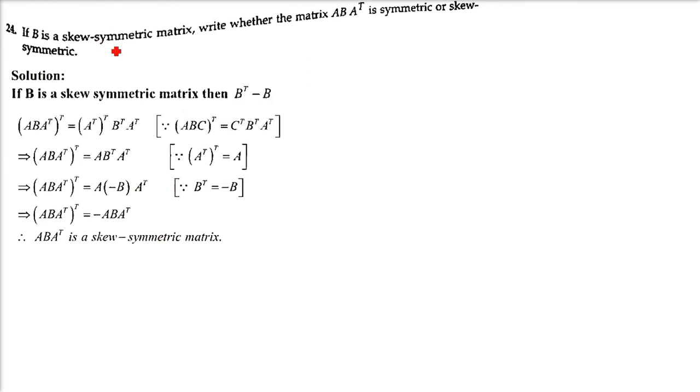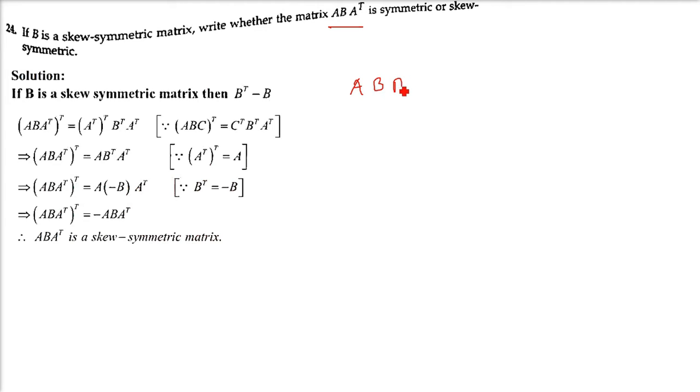If B is a skew symmetric matrix, write whether the matrix A B A transpose is symmetric or skew symmetric. So we have to take A B A transpose as a single matrix, and we have to prove whether this ABAT is symmetric or skew symmetric.